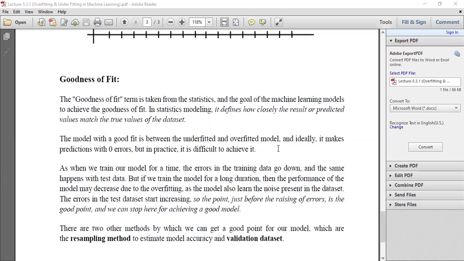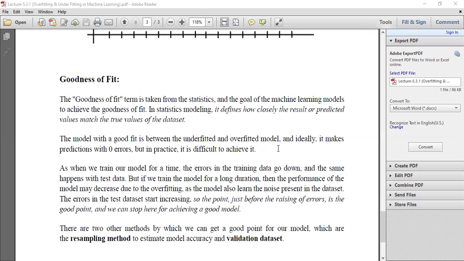The model with a good fit is between the underfitted and overfitted model, and ideally it makes predictions with zero errors. But in practice, it is difficult to achieve, as when we train our model for a time, the error in the training data goes down, and the same happens with the test data.